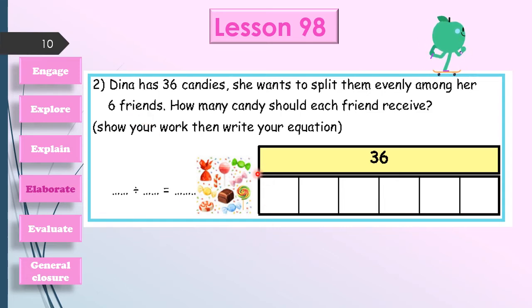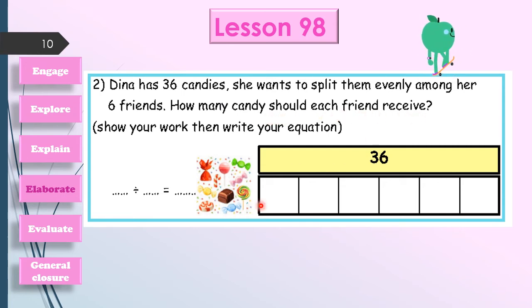Then we have another fraction strip divided into 6 equal parts, where each part represents a friend. Now we want to divide 36 candies equally among 6 friends. Split means divide, means distribute. How many candies should each friend receive?